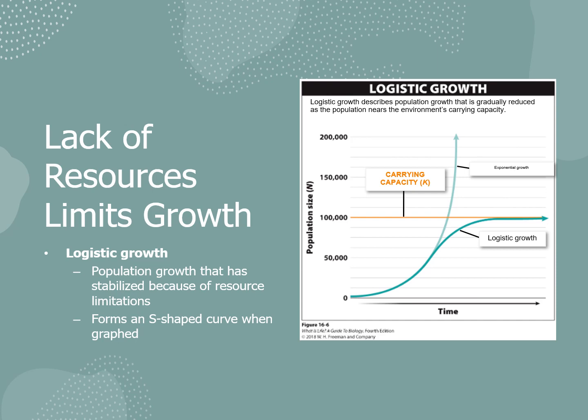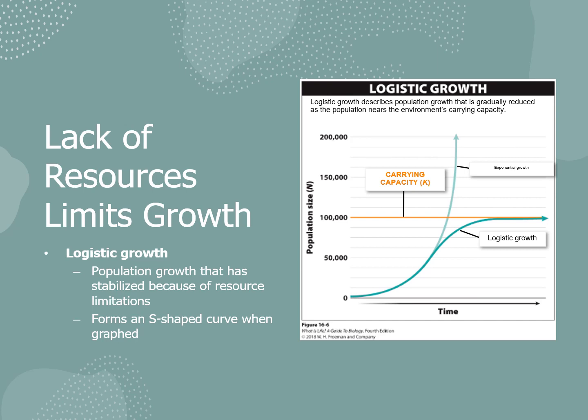The ceiling that the J curve ends up hitting and plateauing at is called carrying capacity. We will talk about carrying capacity a little bit more in just a few slides, but realize that on this graph it is that orange line that the J curve is smacking into and turning into an S curve, which we call logistic growth. So this is how we limit unchecked population growth, how it doesn't go unchecked.